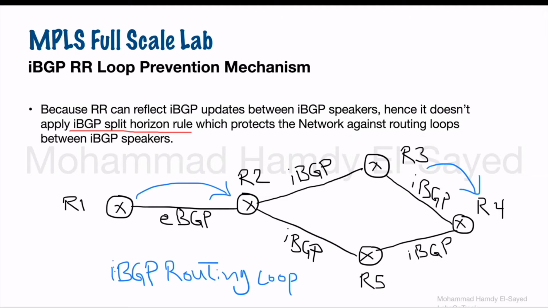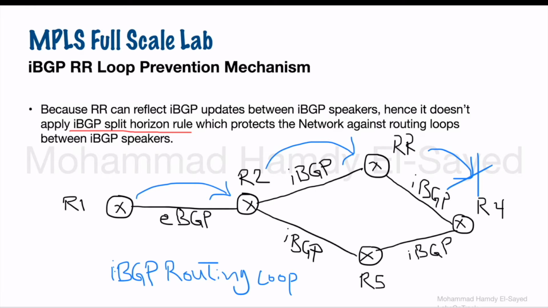The split horizon rule says that if a router like R3 received an iBGP update, it cannot resend this iBGP update to another iBGP peer. R3 cannot send the iBGP update to R4. Therefore, the routing loops would be prevented here.